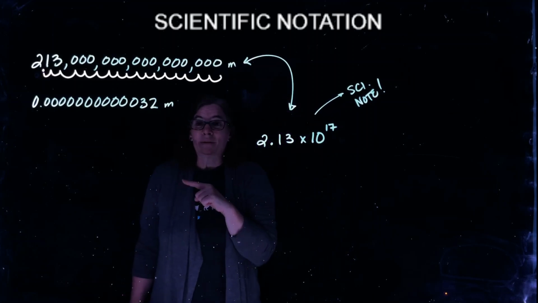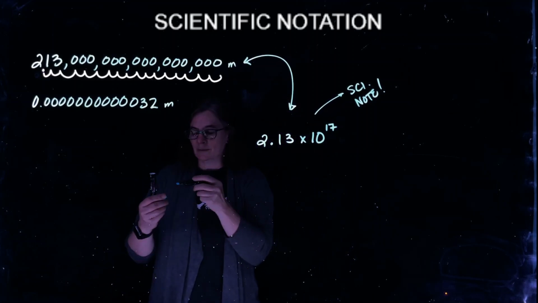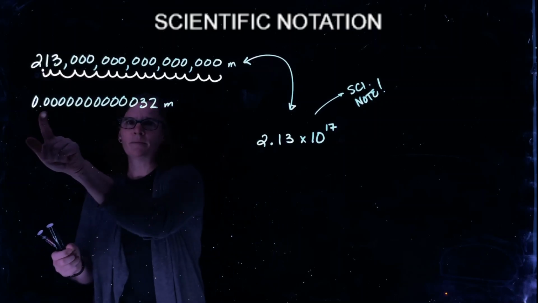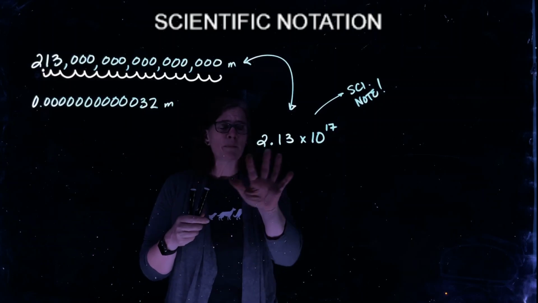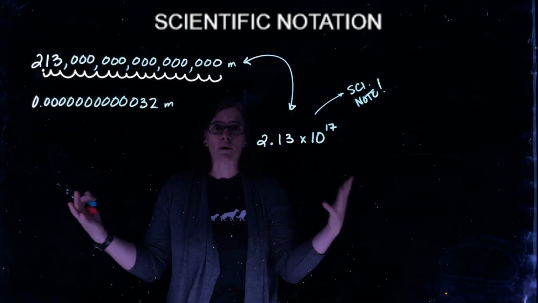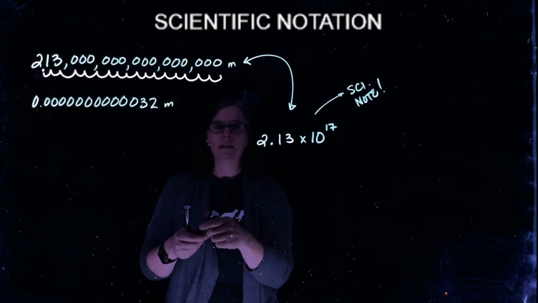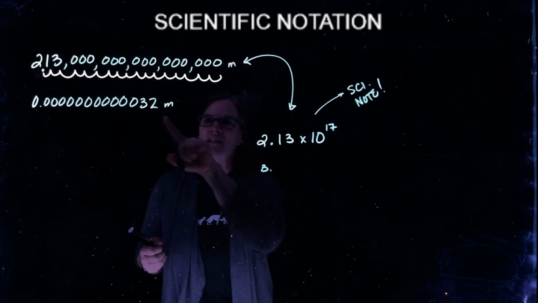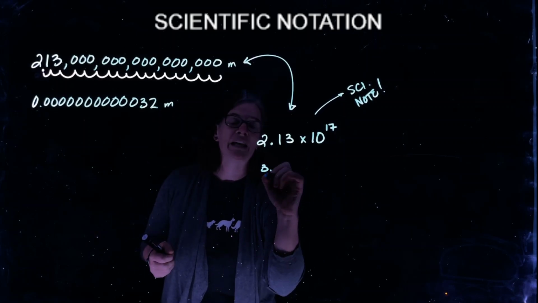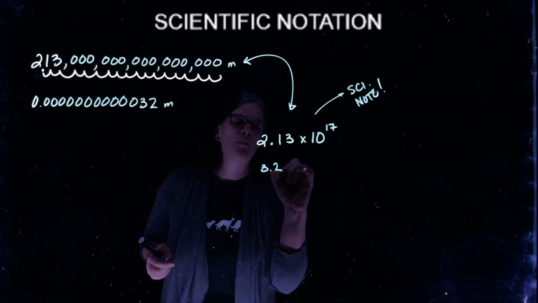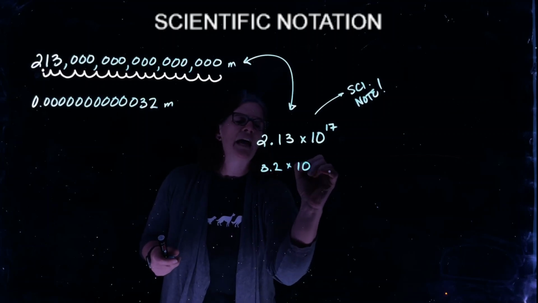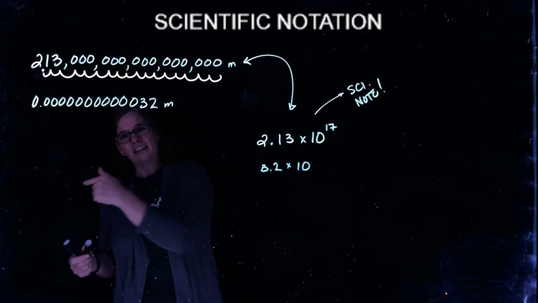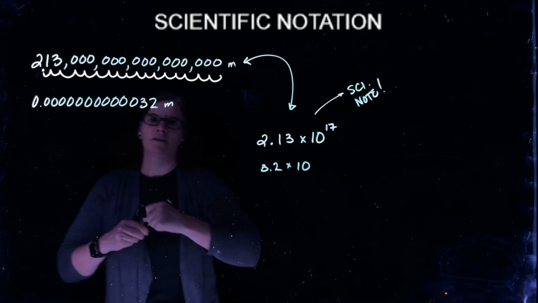What if I want to write a really small number? Well, what would I have to do to this number to represent it in a power, multiplying by a power of 10? Well, again, I use my significant digits, 3, 2, so 3.2 in front of the decimal. And I'd have to multiply it by 10, but in the other direction, divide by 10, right?